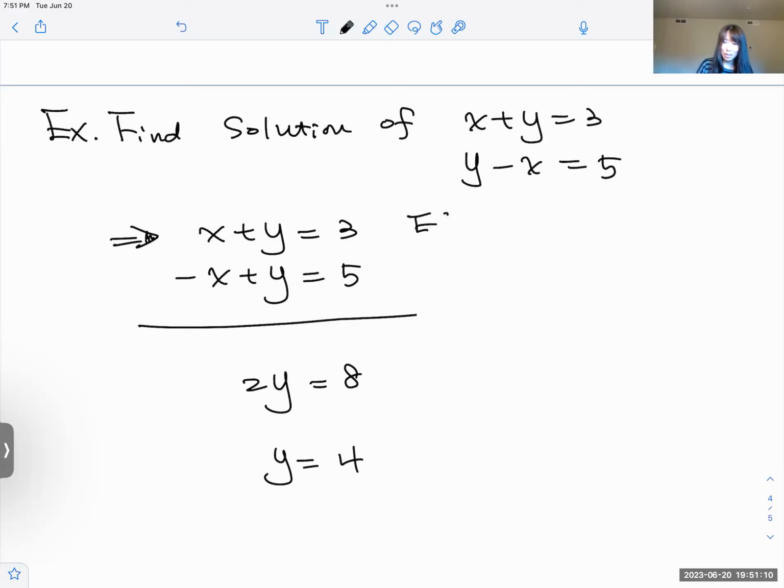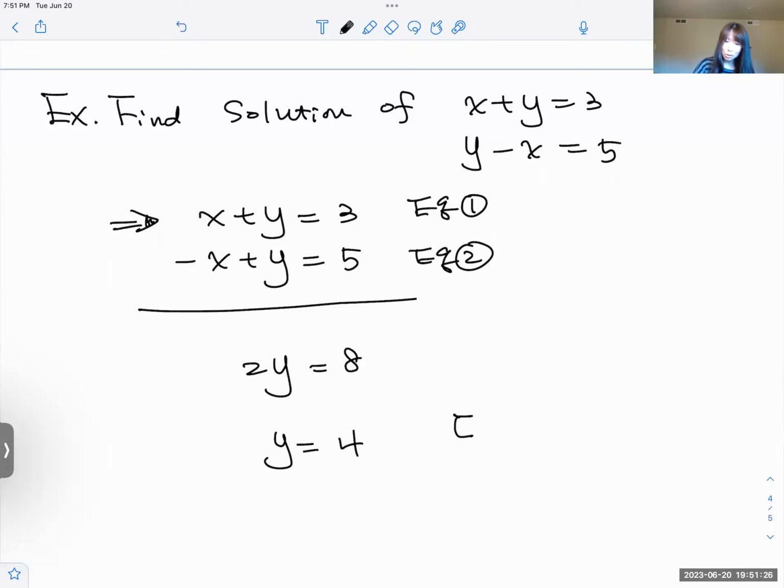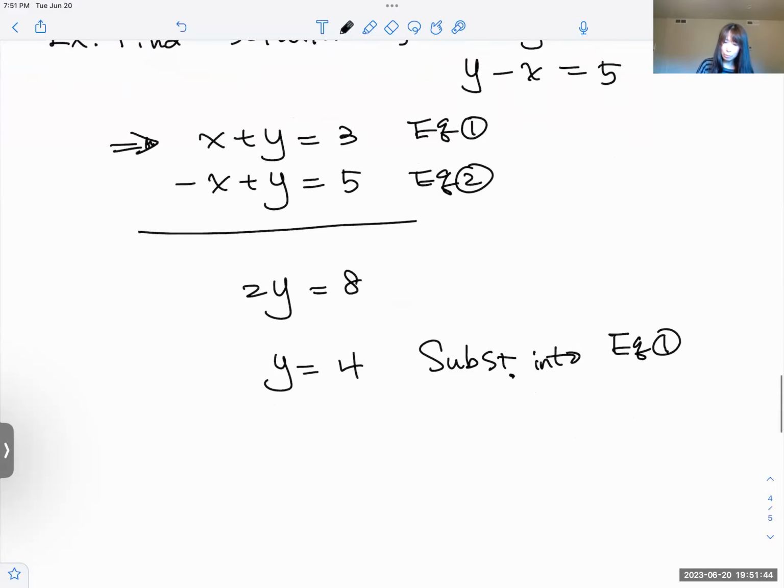And then we can substitute, the back substitution, right? So we can substitute into equation number 1 or 2. Into equation number 1, so there will be x plus y equal to 3.